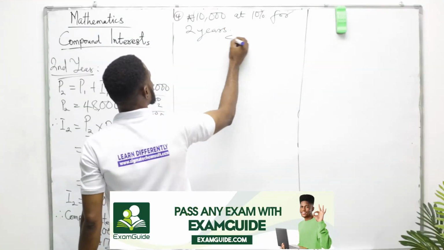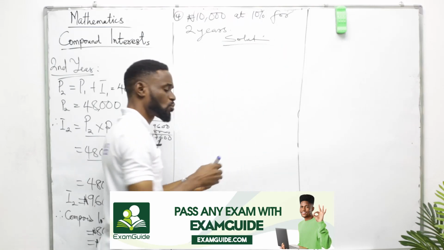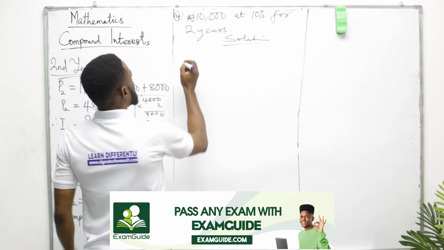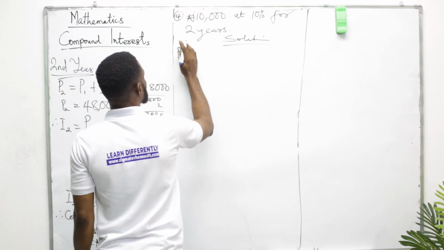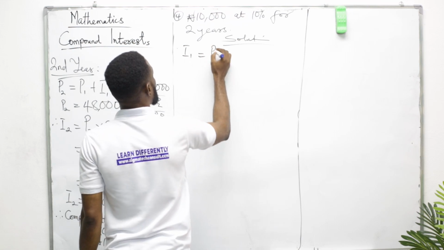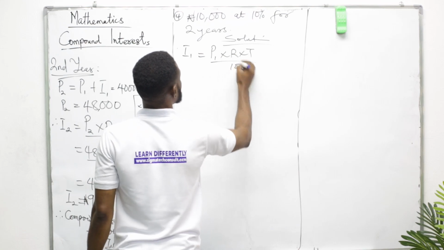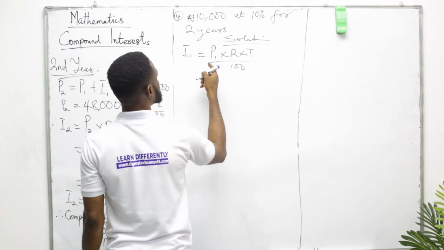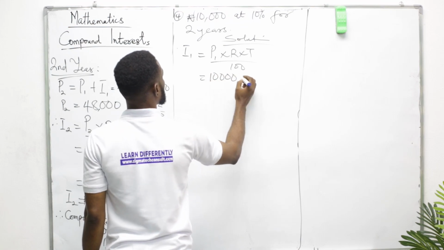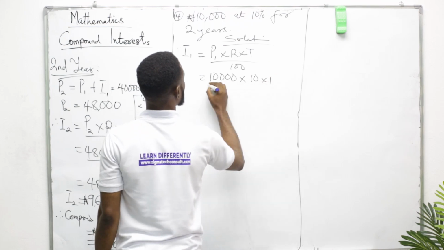So let's look at the solution of this. You have the question on the screen there, so you can just go back and get the question. All right? So P1, the interest of the first year, is equal to P1 times rate times T all over 100. All right? So this will mean P1, of course, is 10,000, times rate, which is 10%, times 1 over 100.